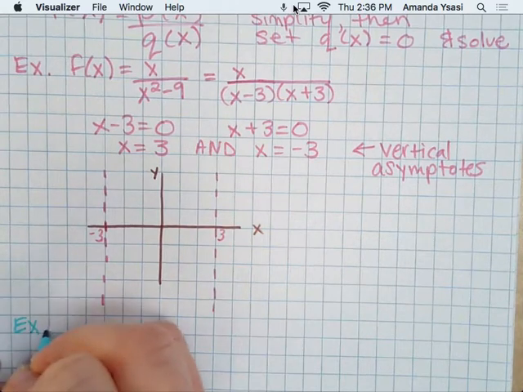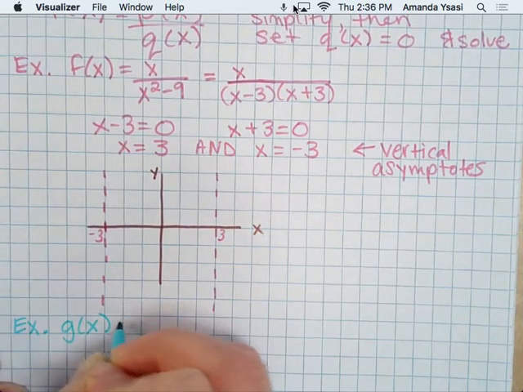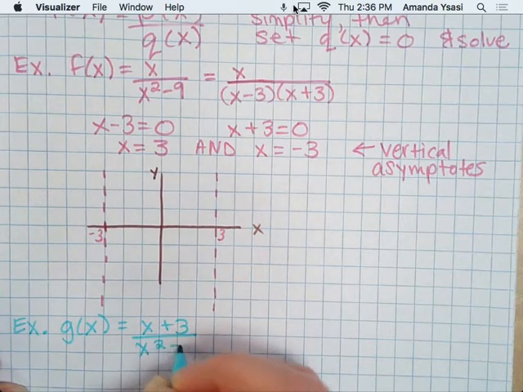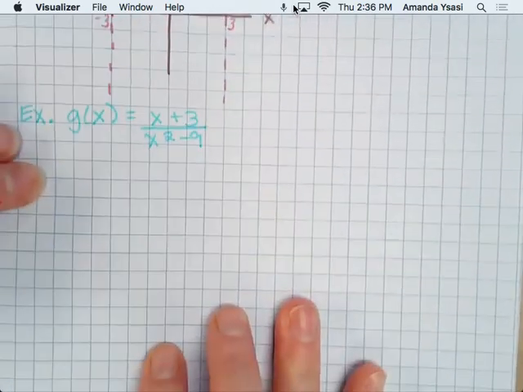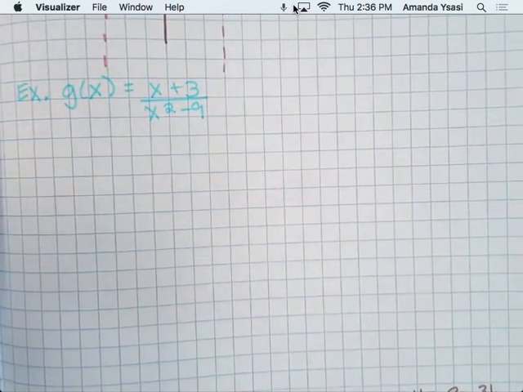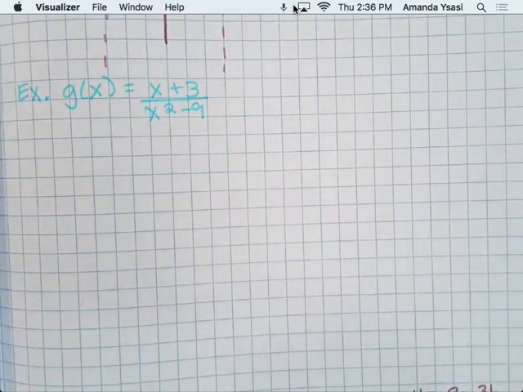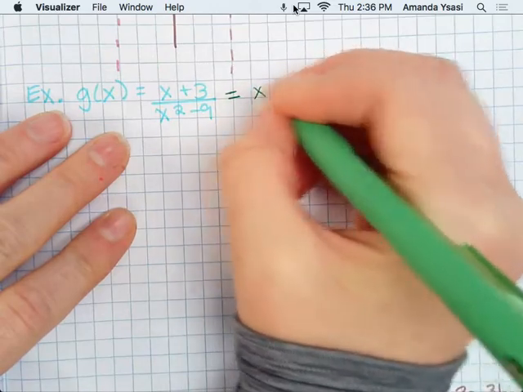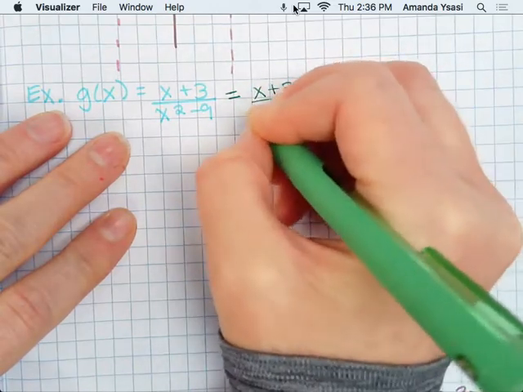Okay, another example, g of x equals x plus 3 over x squared minus 9. So we'd want to factor that denominator.